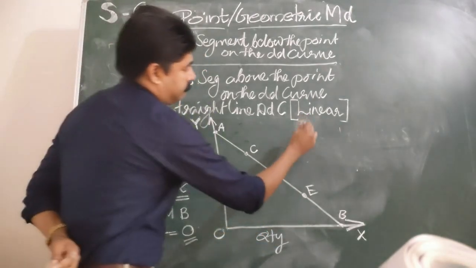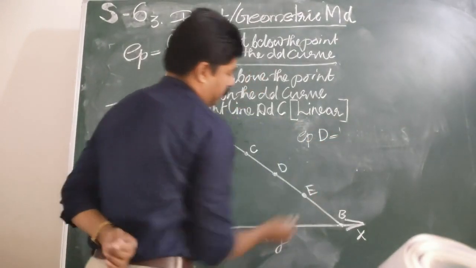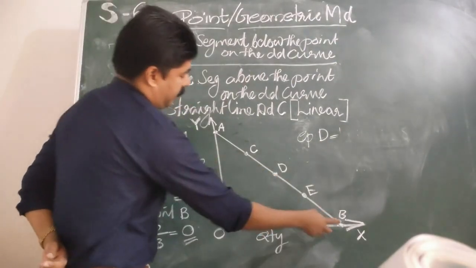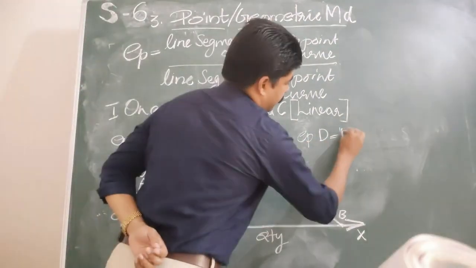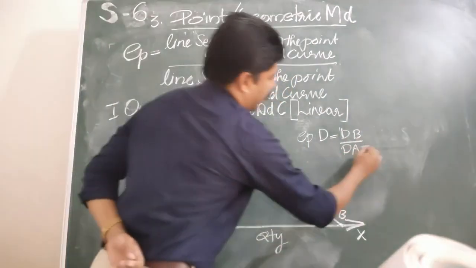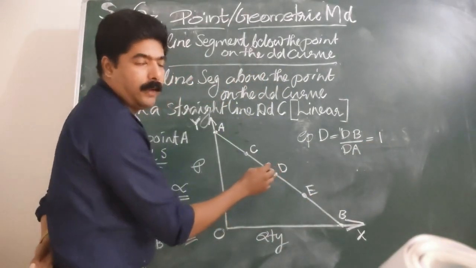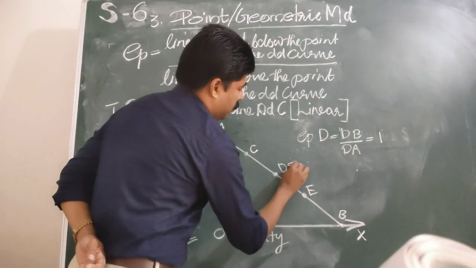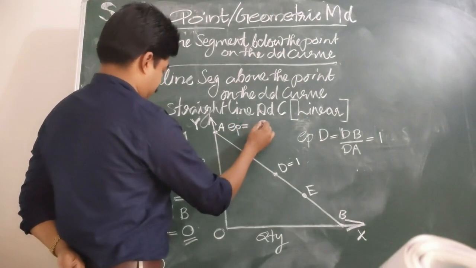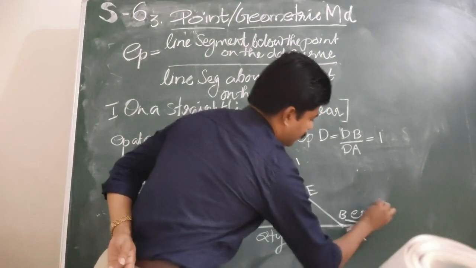Price elasticity of demand at point D is equal to the lower line segment DB upon DA. That means the value is equal to 1. So here the value is equal to 1, here it is infinite, and here it is 0.